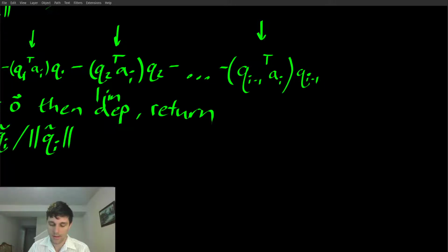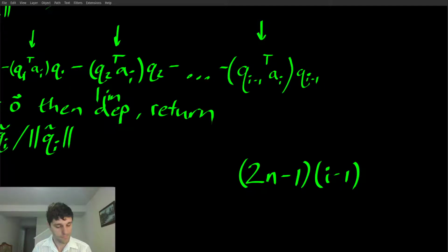So we have 2n minus 1 flops for that. Let's make a spot down here where we'll write this down. So we have 2n minus 1 flops for that, and then that's for each of the i minus 1 terms, right?